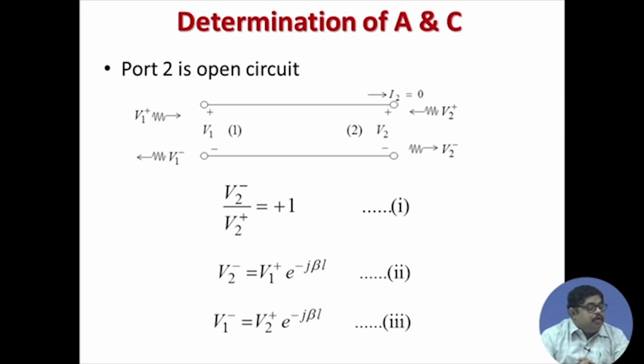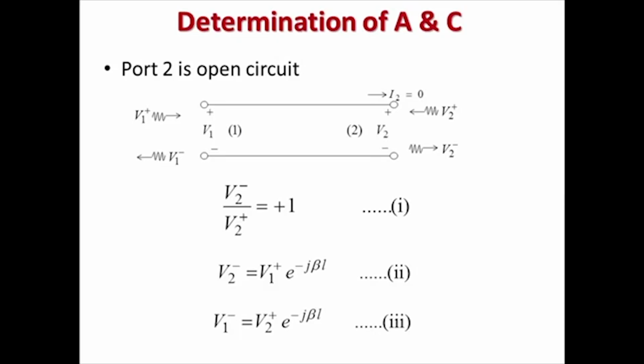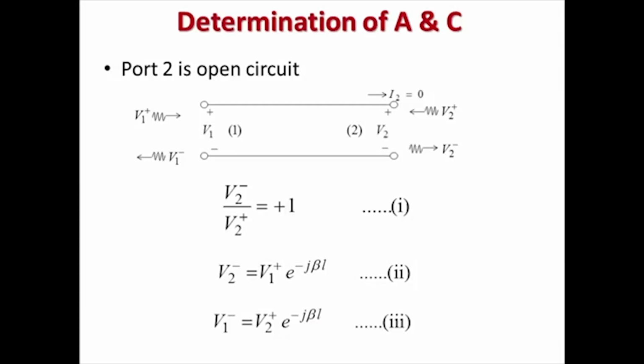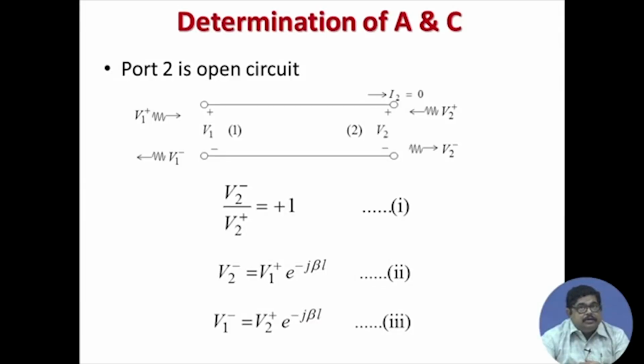Now, in an open circuit, you know what is the relation between the reflected voltage and the incident voltage. In an open circuit the reflection coefficient is plus 1. So, V2 minus by V2 plus is plus 1. And what is V2 minus?